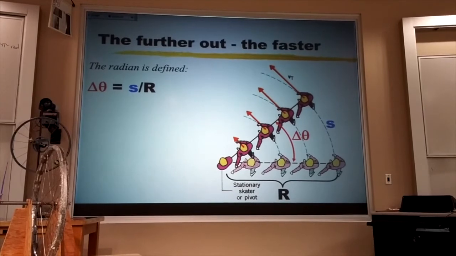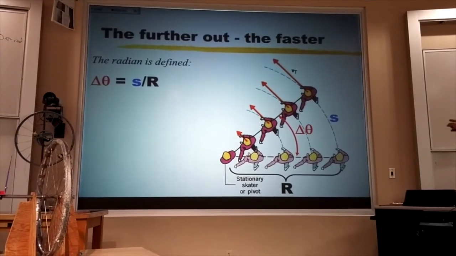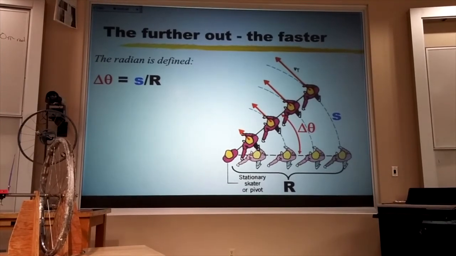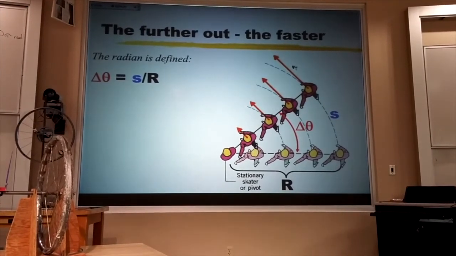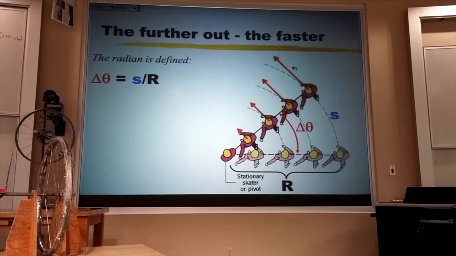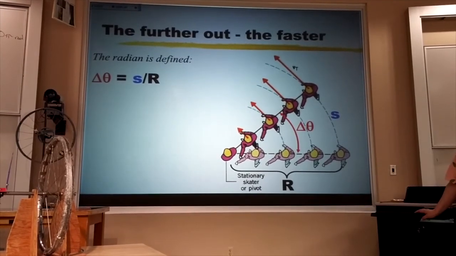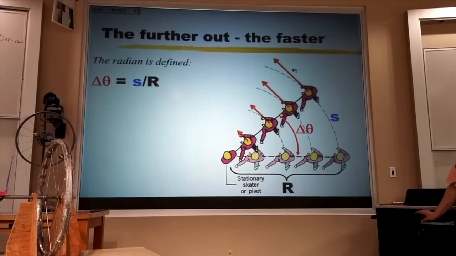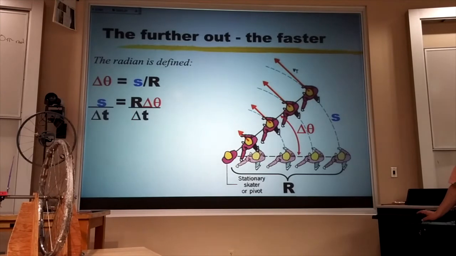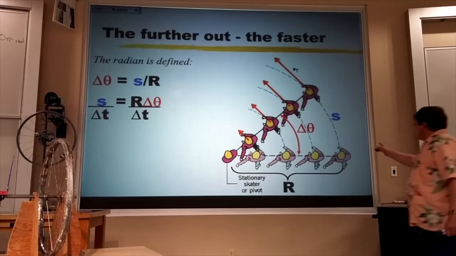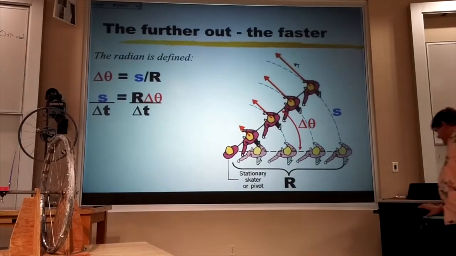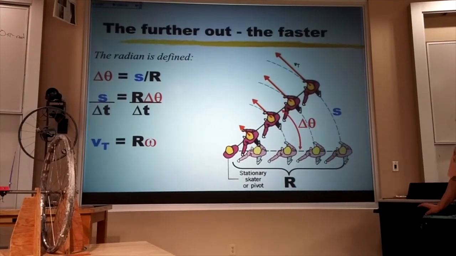Now here's the thing. The S is different for each Sven. The R is different for each Sven. But the theta is the same for each Sven. So if I rearrange that equation by multiplying both sides by r, and I divide both sides by time, the arc length divided by time is the tangential velocity.